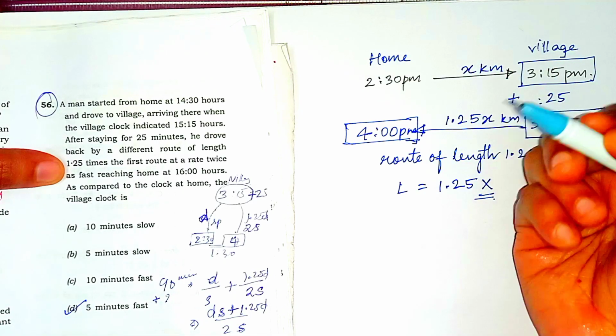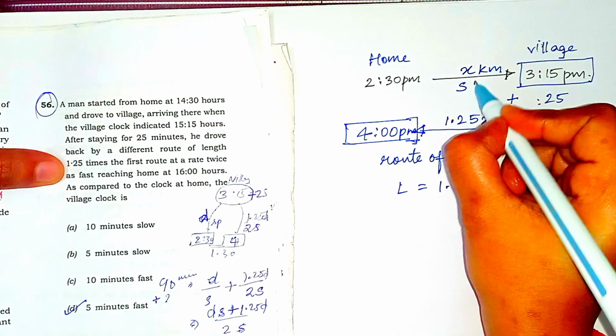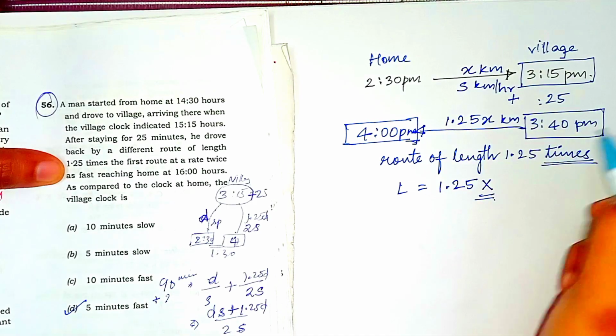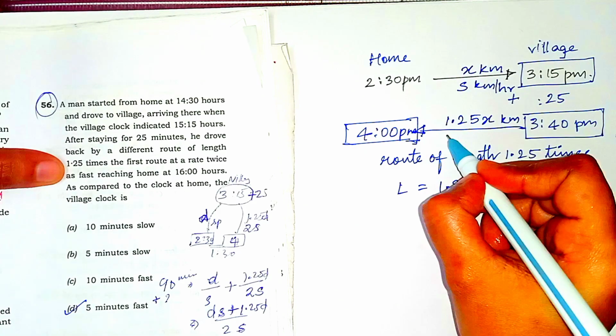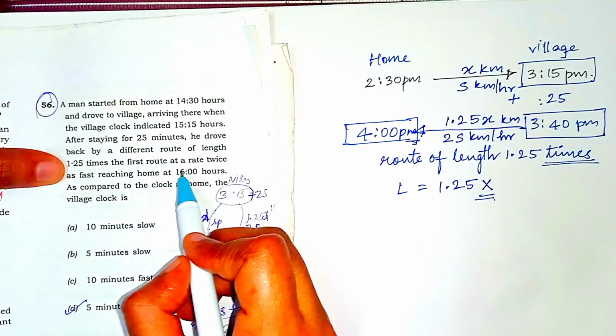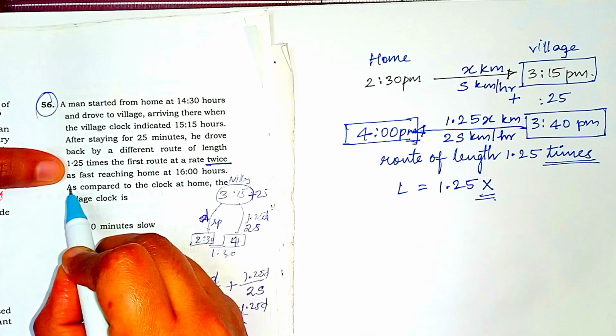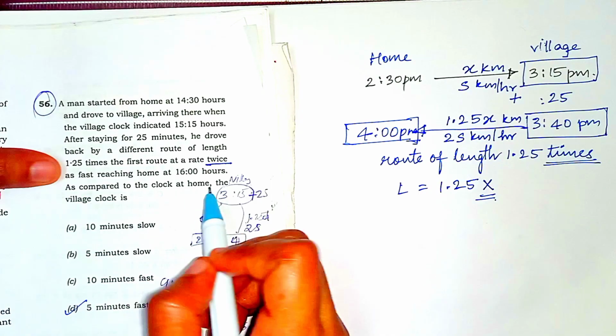So just assume that his speed while reaching the village is s kilometer per hour. So what would be his return journey speed? It would be 2s kilometer per hour, because they're specifically stating that the rate is twice as fast.